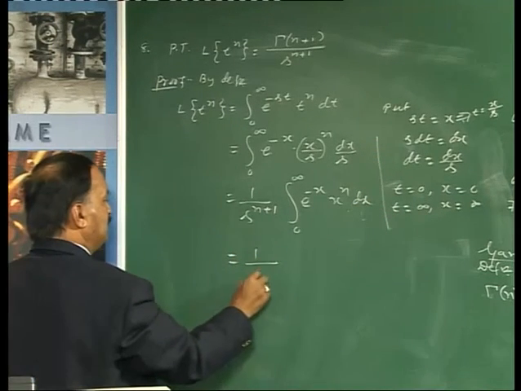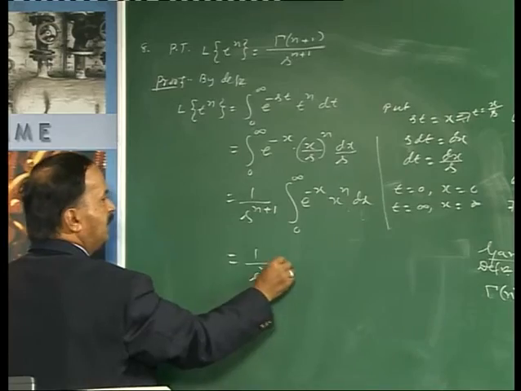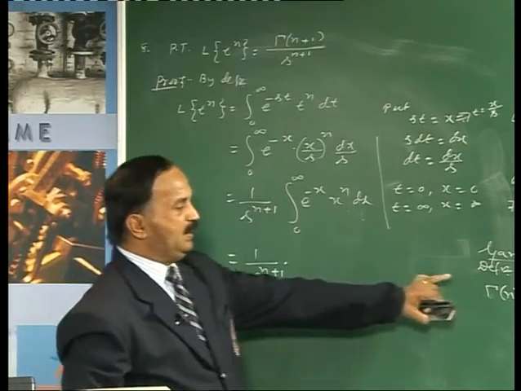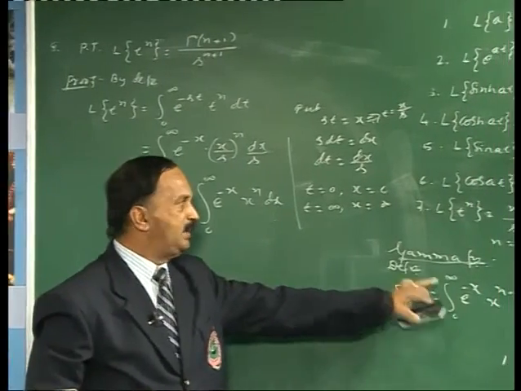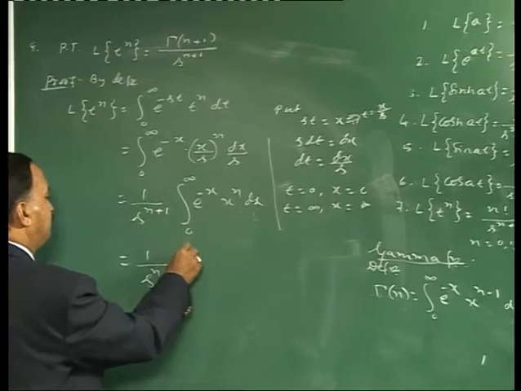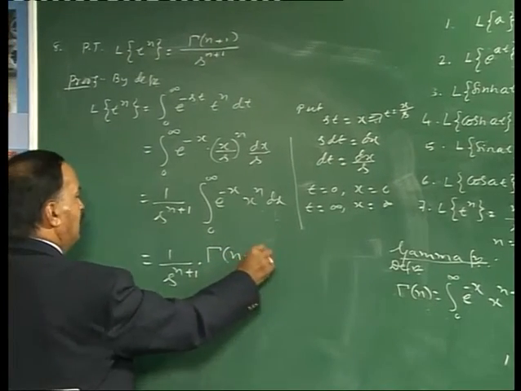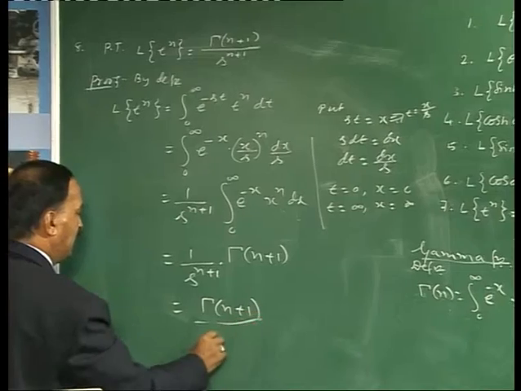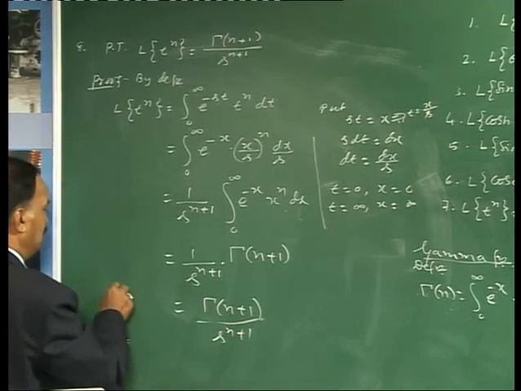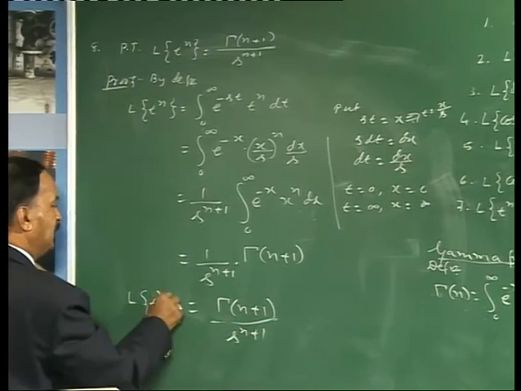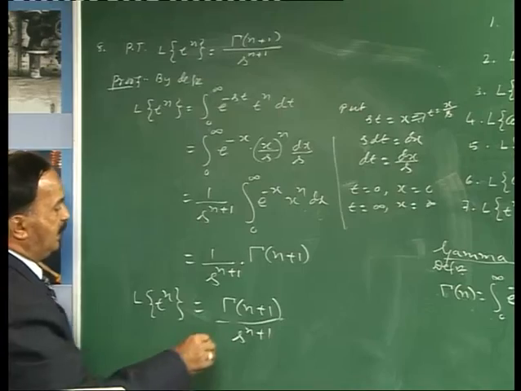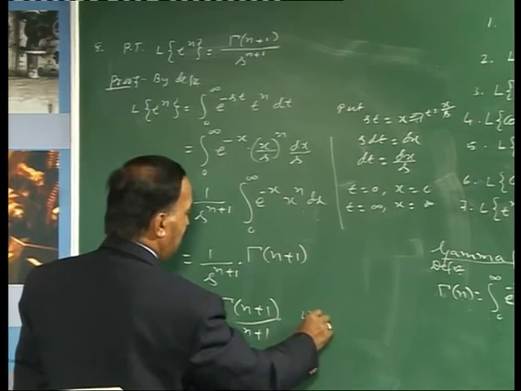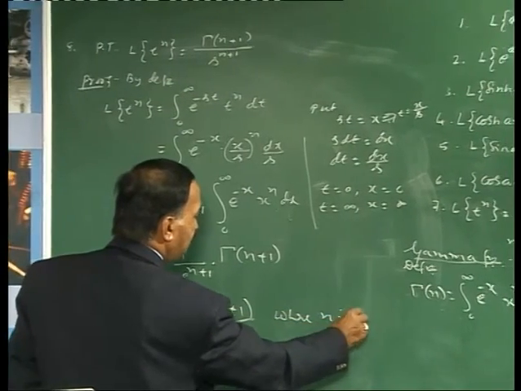That is equal to 1 by s to the power of n plus 1, and again by using the definition, this integral is equal to gamma n plus 1. That is all. So this is equal to gamma n plus 1 by s to the power of n plus 1, where n is constant.